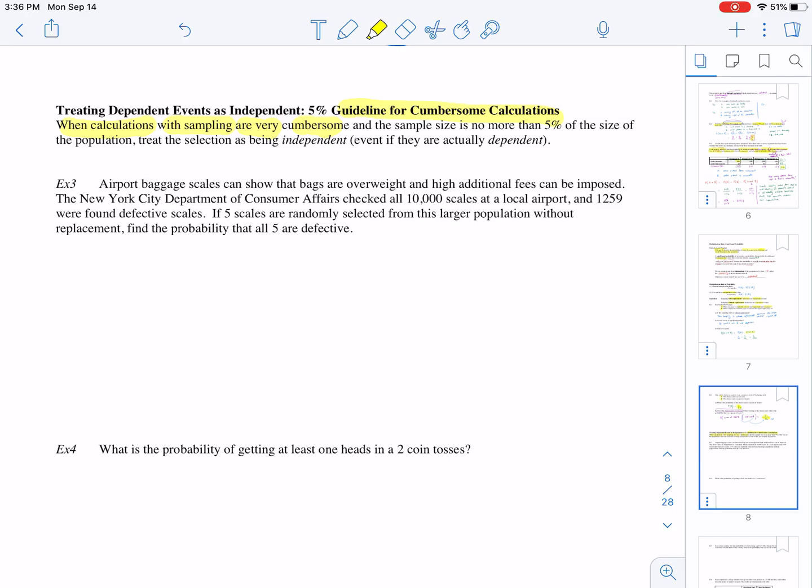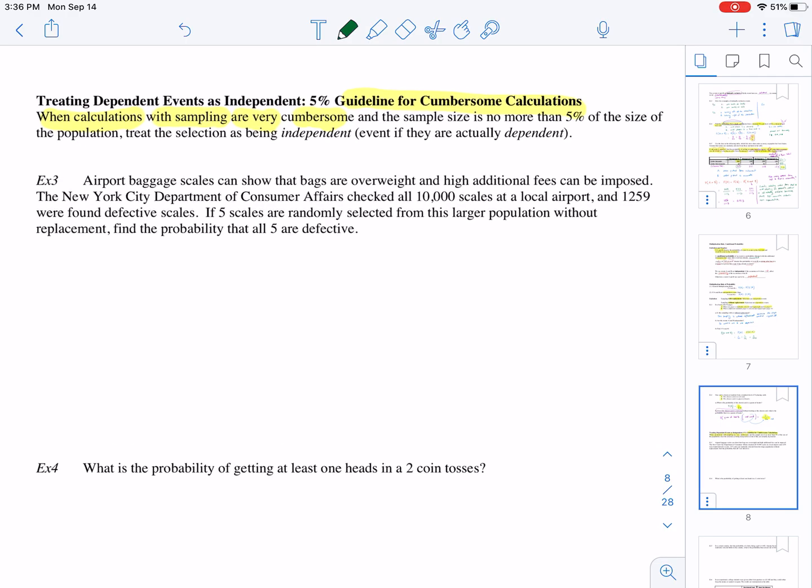The value of the probability doesn't change significantly, so we can go ahead and treat it as independent to make the calculation more convenient. I'm going to show you guys that in this example 3 here.